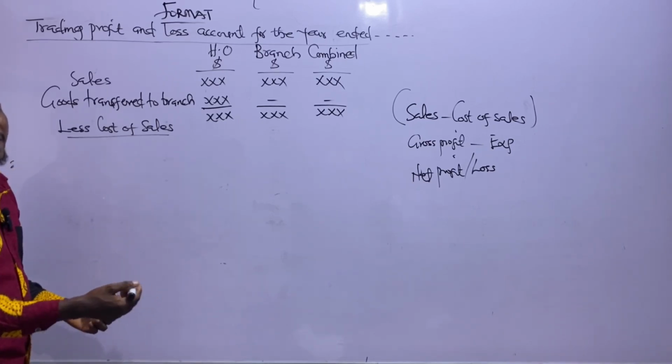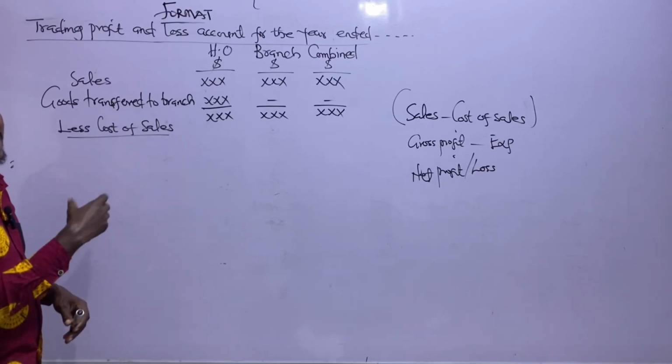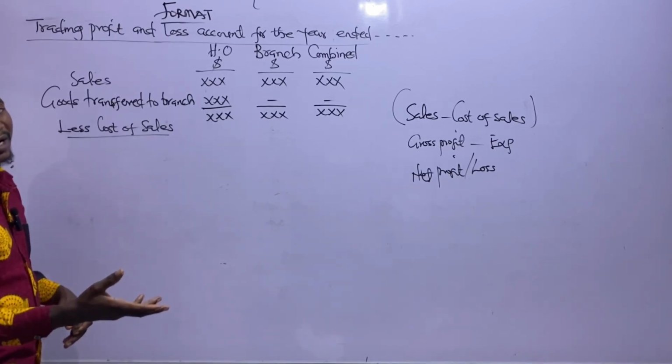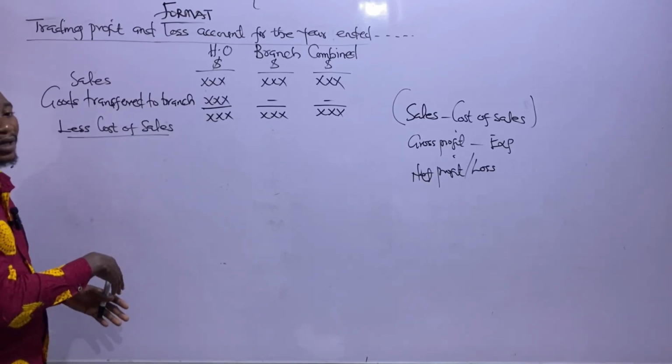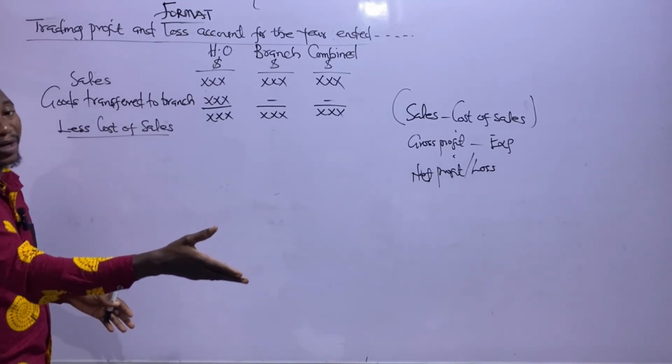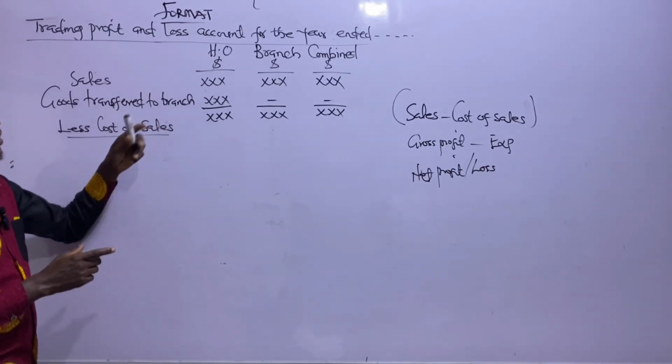So in 2025, we call those opening inventory, and they are the very goods that we are to sell to our customers. So we have to capture their costs to match against the sales revenue.